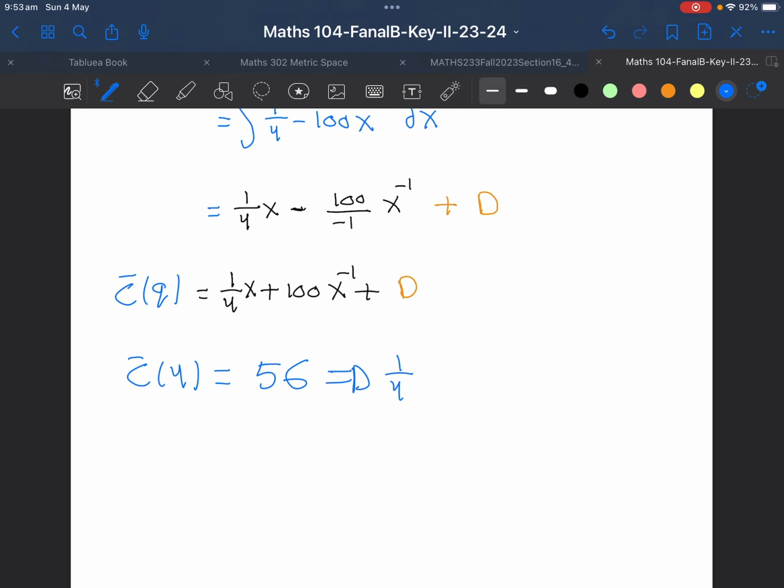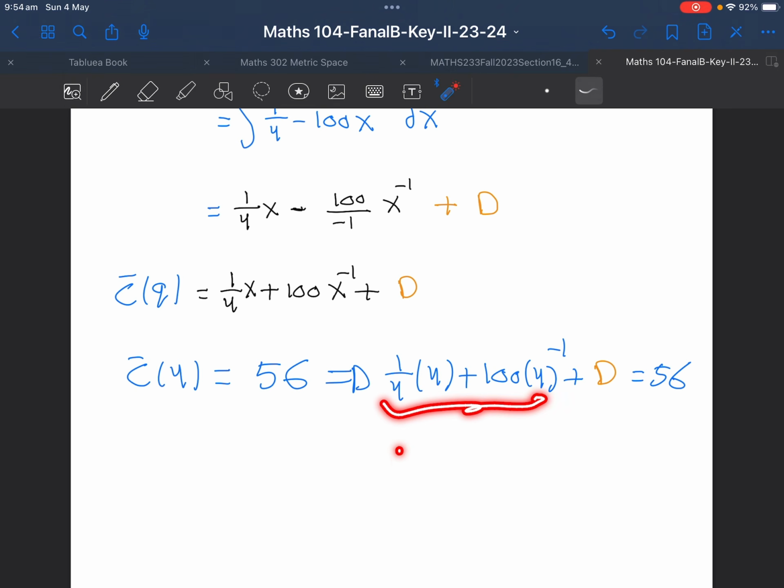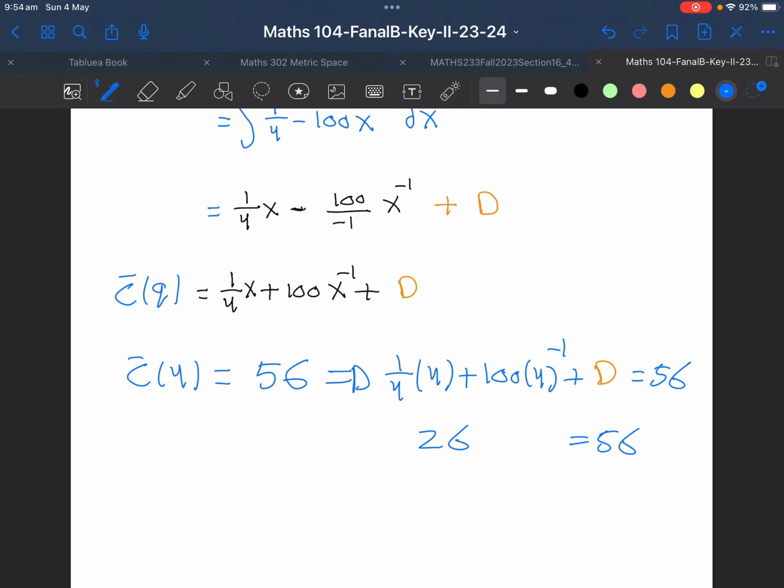It will be 1 over 4 times 4 plus 100 times 4 to the negative 1 plus this number, which is d, equal to 56. Now, if you do all this in your calculator, this will be 1 plus 25, so we get 26 plus d equals 56. So d alone is just 30.